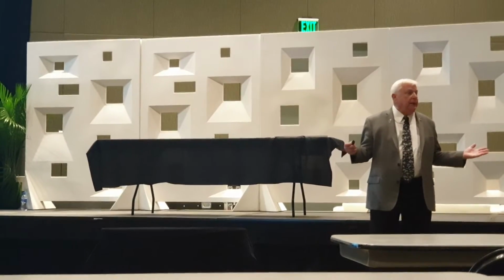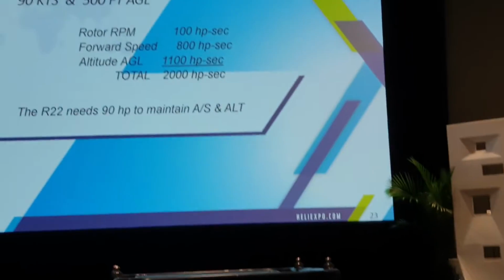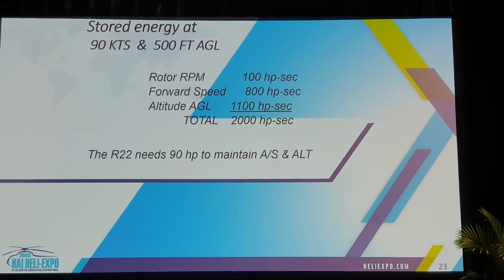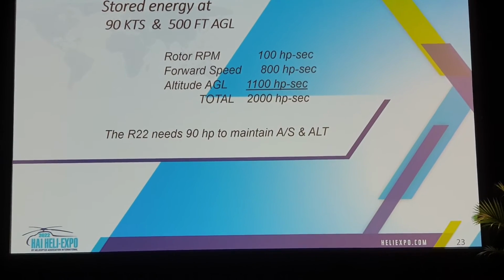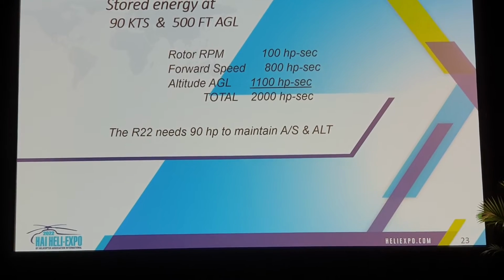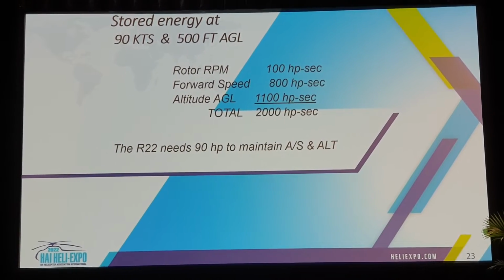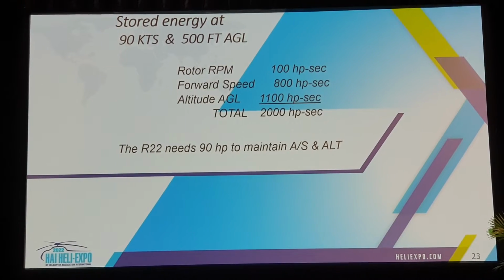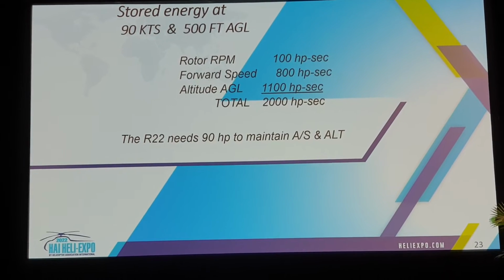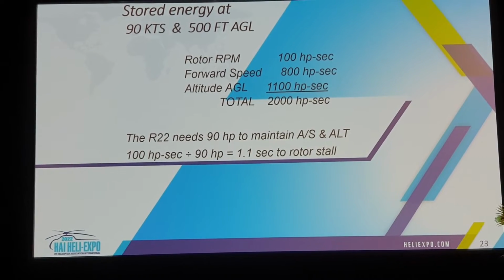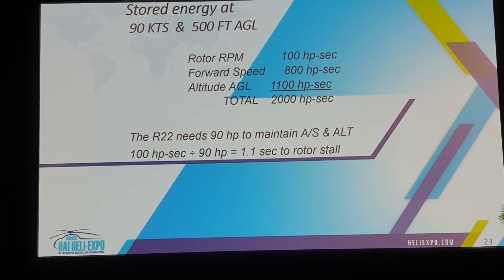Since we're trying to maintain our airspeed, we can't use any of that 800 horsepower seconds we have stored in our airspeed. And since we're trying to maintain our altitude, we can't use any of that energy we have stored in our altitude. Only place left where we store energy is in that rotor, where we only have 100 horsepower seconds. So we need 90, we have 100 available. Just divide that out, we would use up all the energy in that spinning rotor in 1.1 seconds.